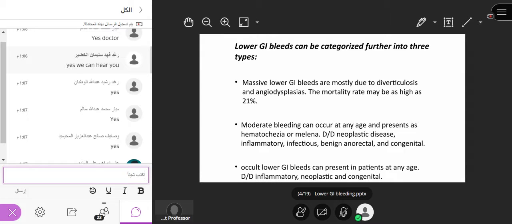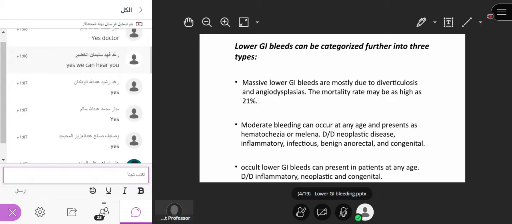So lower GI bleeding can be categorized further into three types. Massive lower GI bleeds are mostly due to diverticulosis and angiodysplasia, right? So we have divided different diseases into massive, moderate, and occult lower GI bleeding.